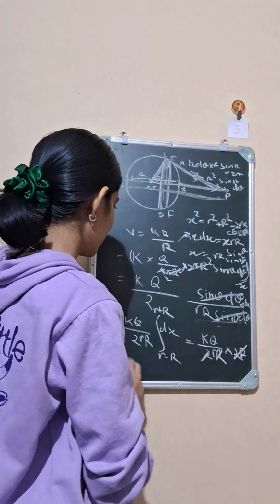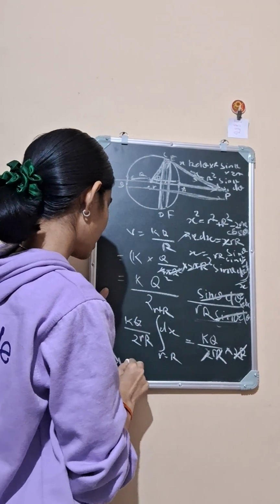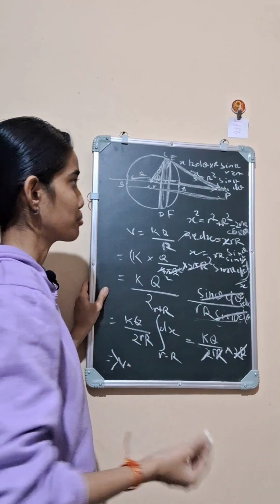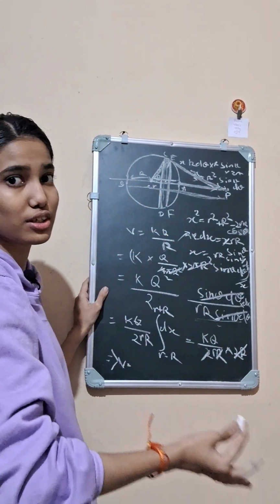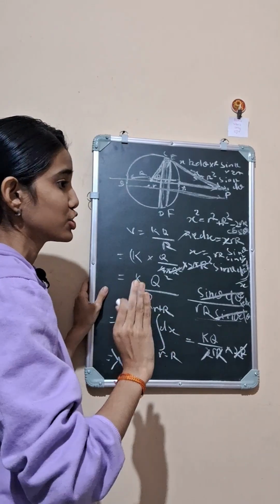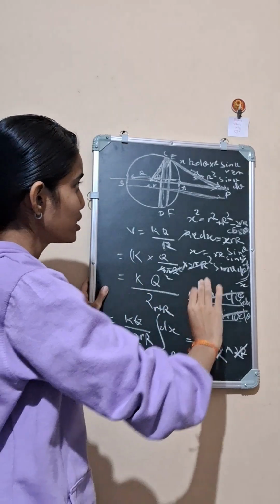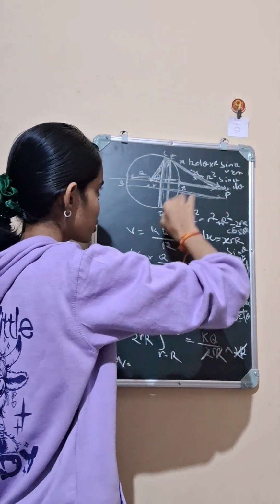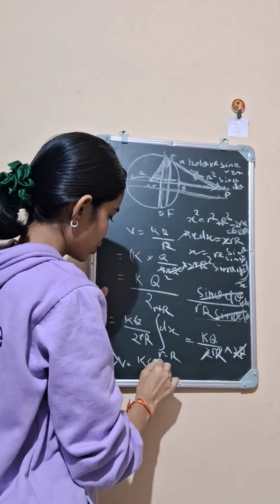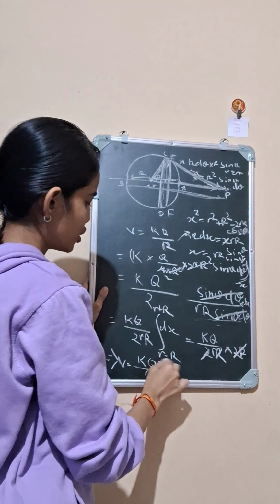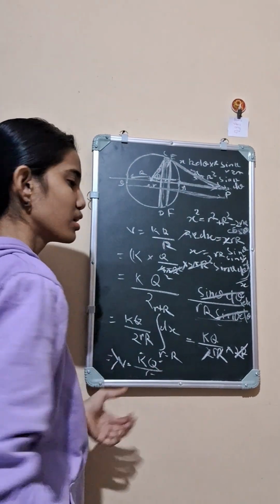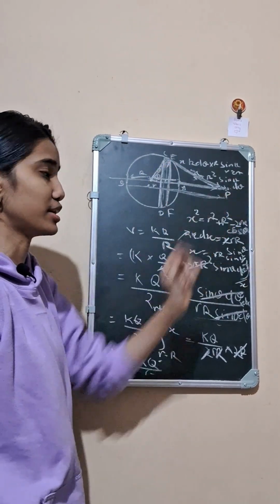So 2 r will cancel out, and finally we will get the potential due to this sphere with some charge distributed on its surface evenly, right? The charge will spread evenly, so the potential due to this sphere at point P will be equal to k q by R. Charge on the sphere is a constant, and R is the distance from the center, right?